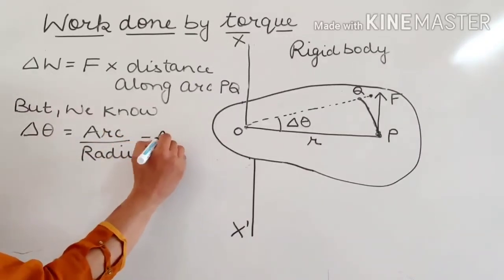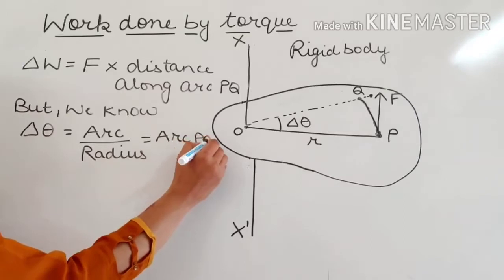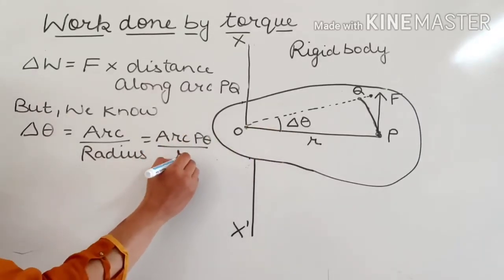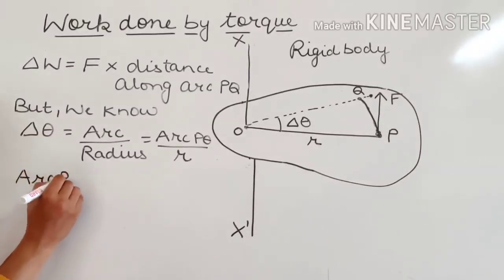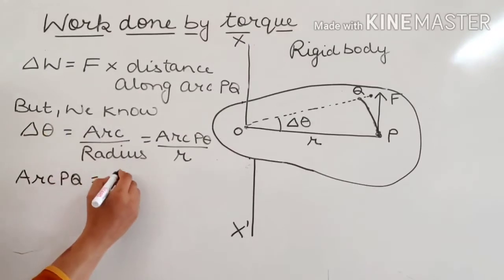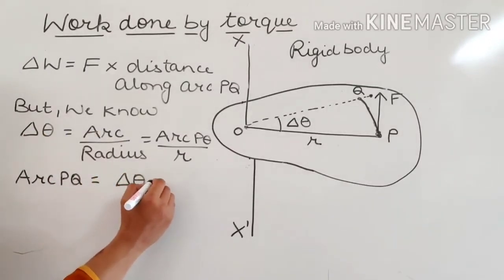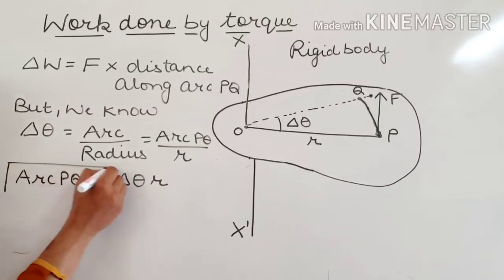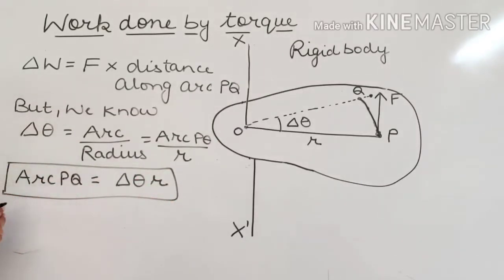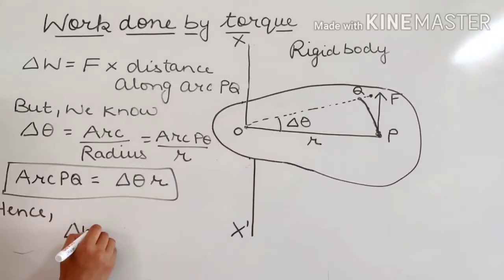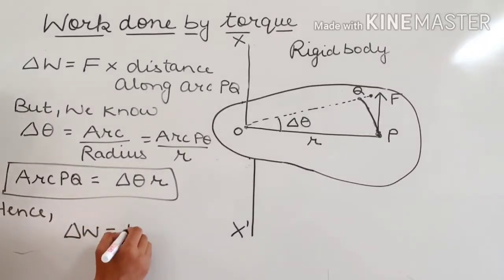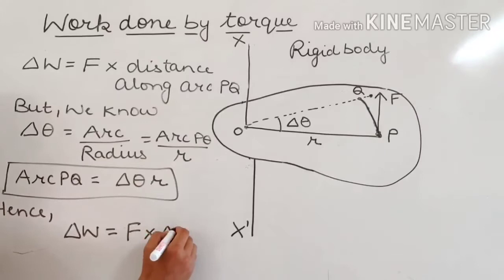Here arc is PQ and radius, this is the distance, that is r. Therefore, PQ is equal to delta theta multiplied by r. Hence, work done delta W is equal to force multiplied by delta theta r.